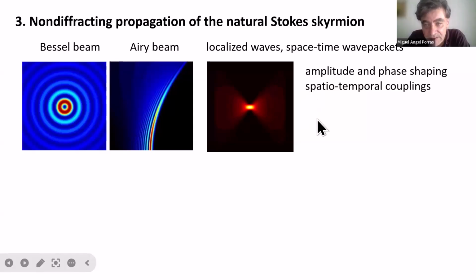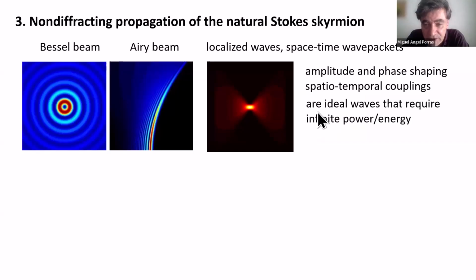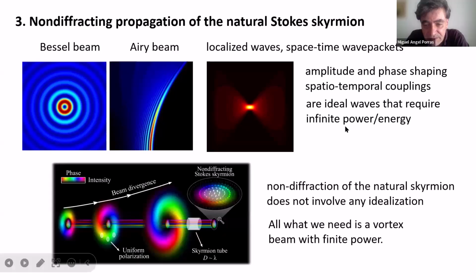All of them are based, for the non-diffracting propagation, on amplitude and phase shaping techniques, and in the case of polychromatic beams, on very specific spatiotemporal couplings performed usually in the frequency domain, between the spatial frequencies and temporal frequencies. To be truly non-diffracting, they are ideal waves that require infinite power or infinite energy.